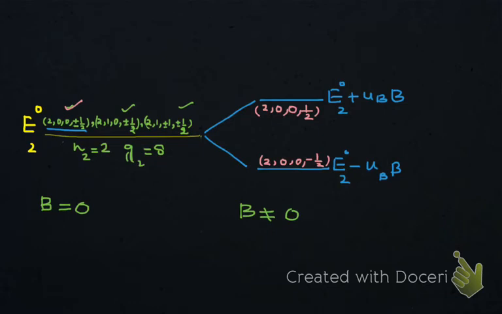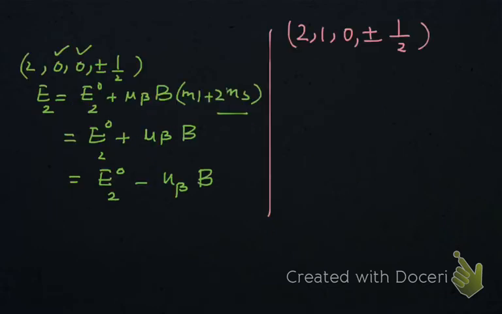Now we will consider the second level. For second level 2, 1, 0, plus minus half, you can see ml is again 0. So the splitting only depends on the value of ms and we have the same results. For plus half we have E2 naught plus mu b into b, and for ms equal to minus half we have E2 naught minus mu b into b.